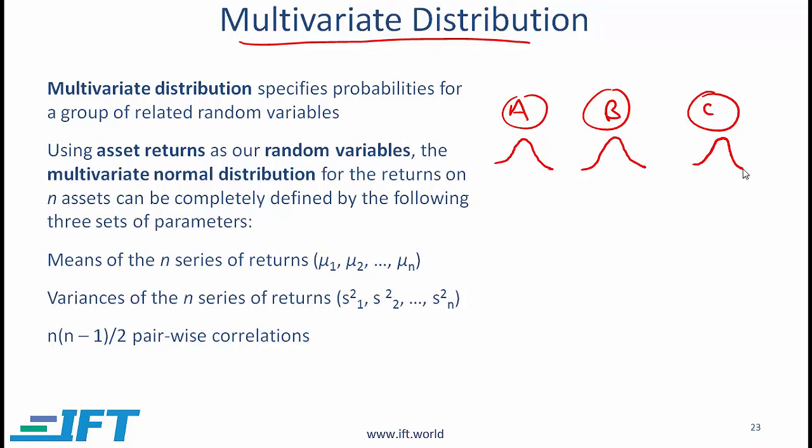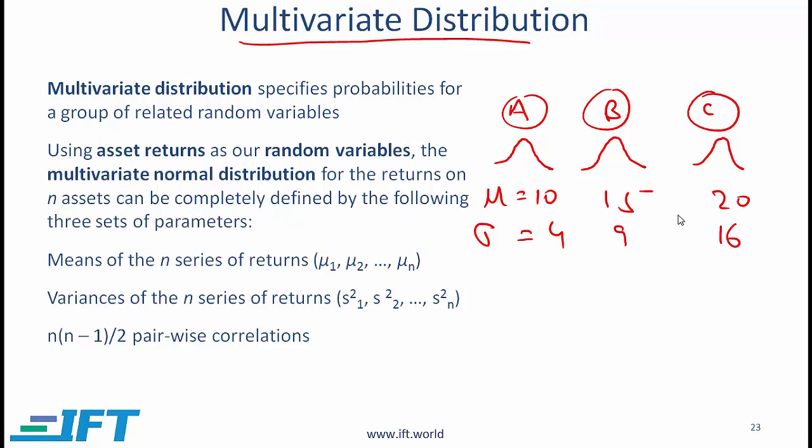And if it helps you understand what we are talking about, say that these three random variables are the returns on three stocks A, B, and C. They are normally distributed. The mean for A is 10, let's say for B is 15, and C is 20. The standard deviation for A is equal to 4, B might be 9, and C, let's say, is 16.